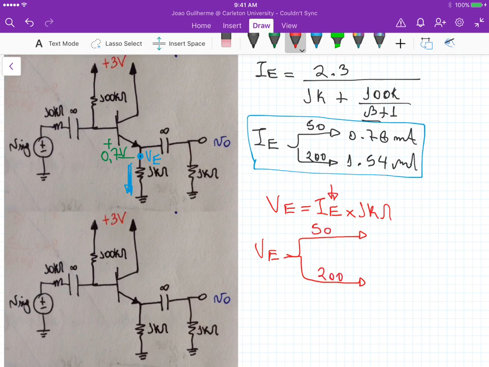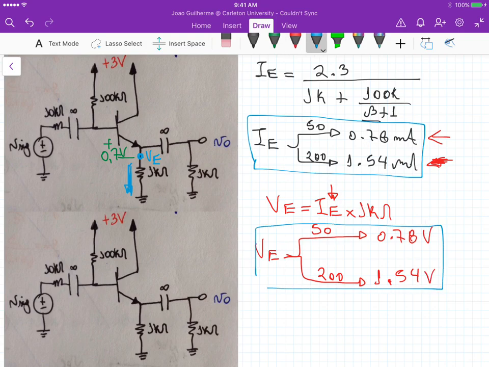So the values of IE change as beta changes. So for 50 we have 0.78 times 1K, and that gives us 0.78 volts. And for 200 we have 1.54 milliamperes, that gives us 1.54 volts. So this is for VE.